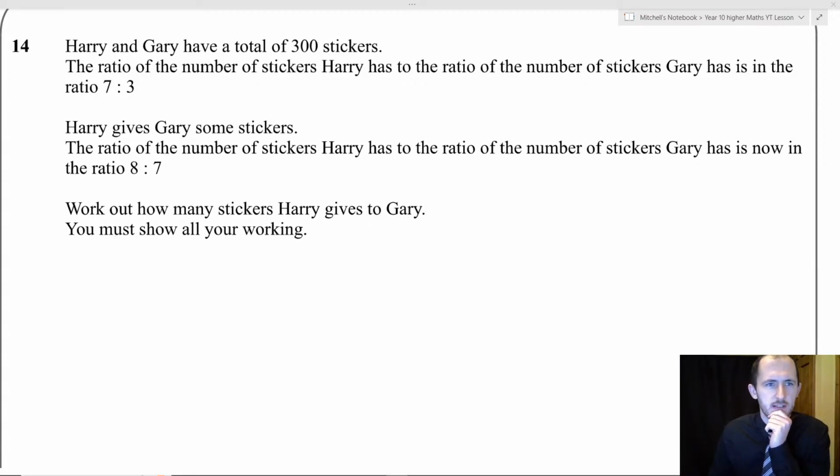Have a read of that and see if that's a bit more tricky. There's more words, so might be ever so slightly more tricky. I think this might be okay. Easy, okay.